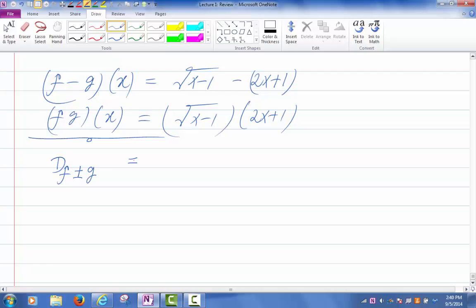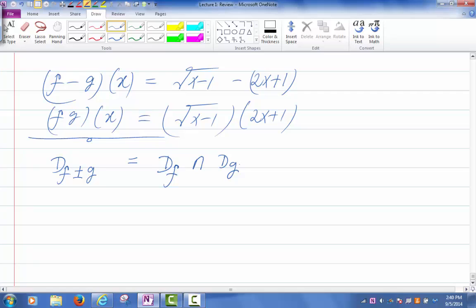Well, in order to calculate f plus g, you have to be able to calculate both f and g at x, right? So x has to be in the domain of both f and g. That means the domain of f plus or minus g would be the domain of f intersected with the domain of g, right? The common domain of the two functions.